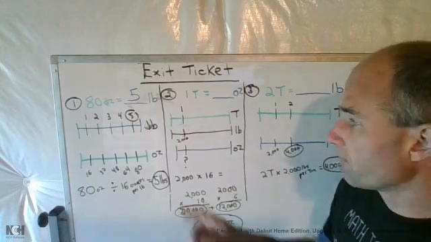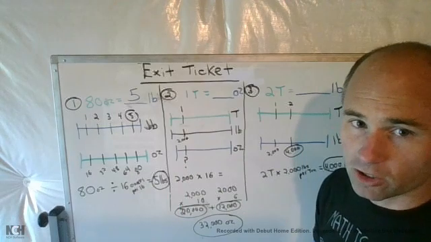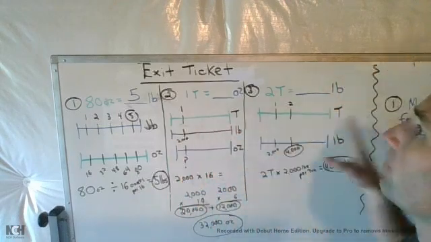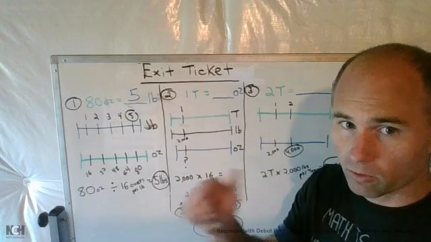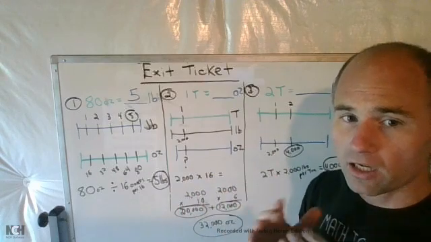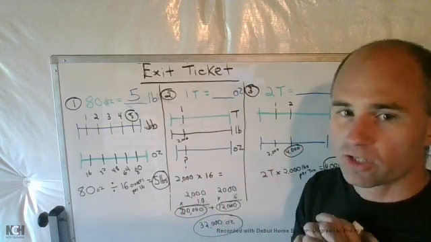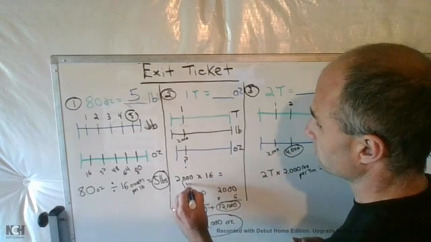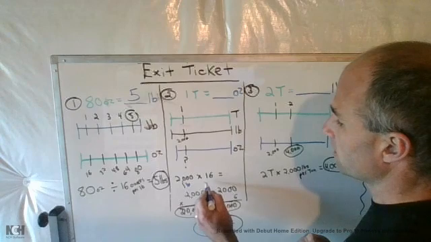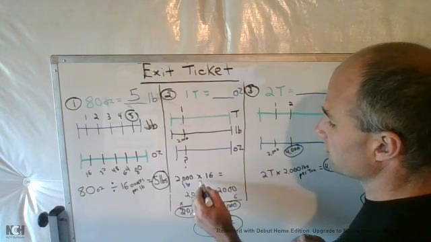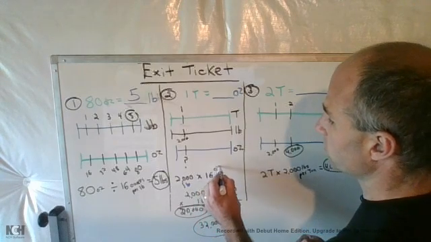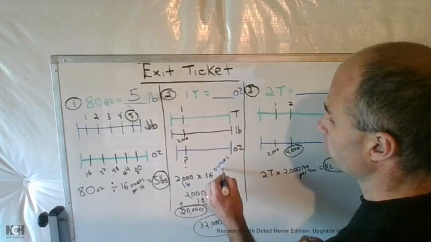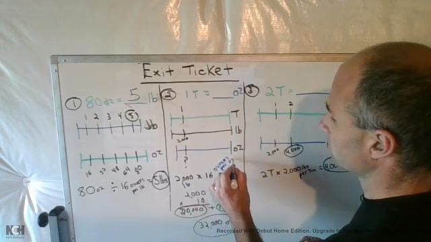Well, I don't know about you, but I didn't feel like making a number line that showed 2,000 pounds on it, counting by ones. So I'm going to skip right to my multiplication expression. 2,000 pounds times 16 ounces per pound.